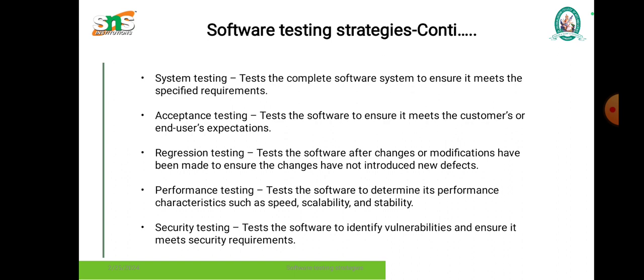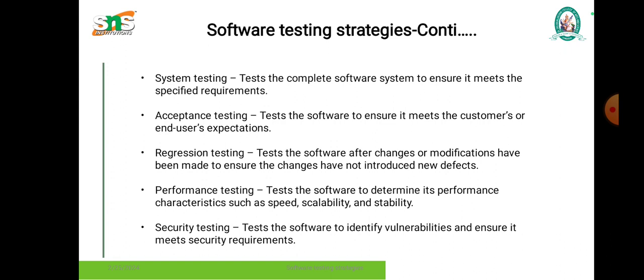And next one is regression testing. It tests the software after changes or modifications have been made to ensure the changes have not introduced new defects. It is called regression testing. And next one is performance testing.